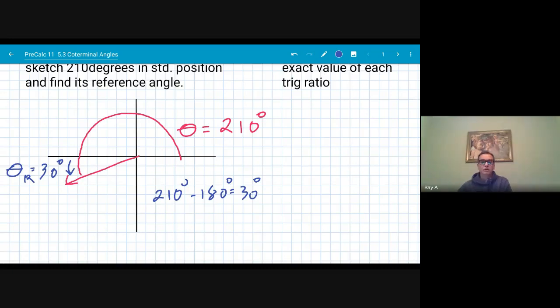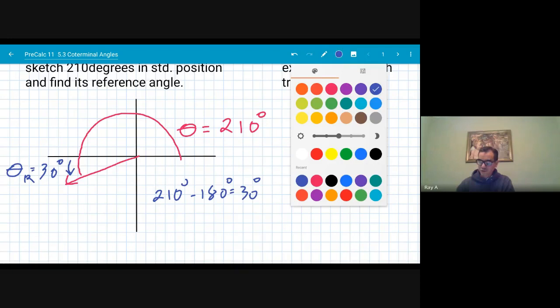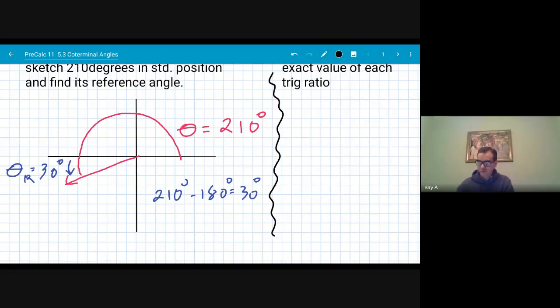So what would be the exact value of each trig ratio? Now remember, we are trying to figure out the exact value of the trig ratio for sine of 210, cosine of 210, and tangent of 210.